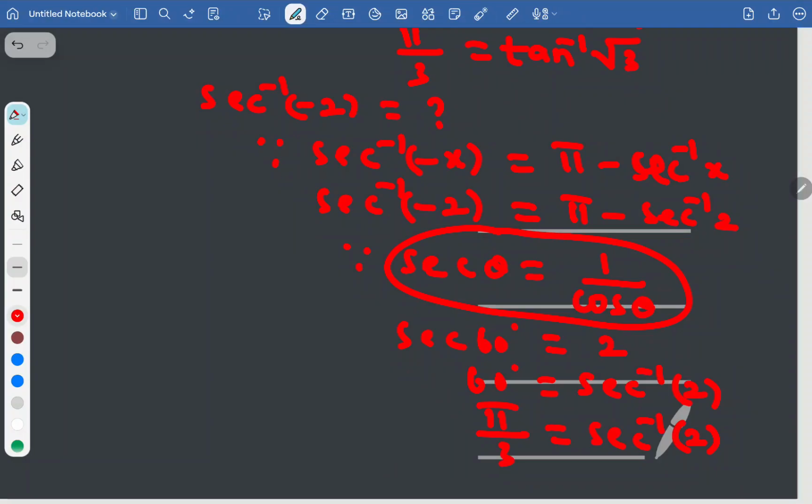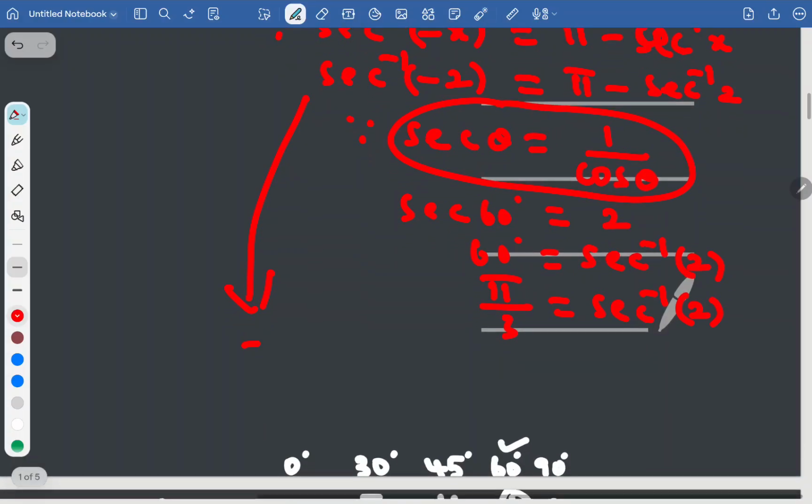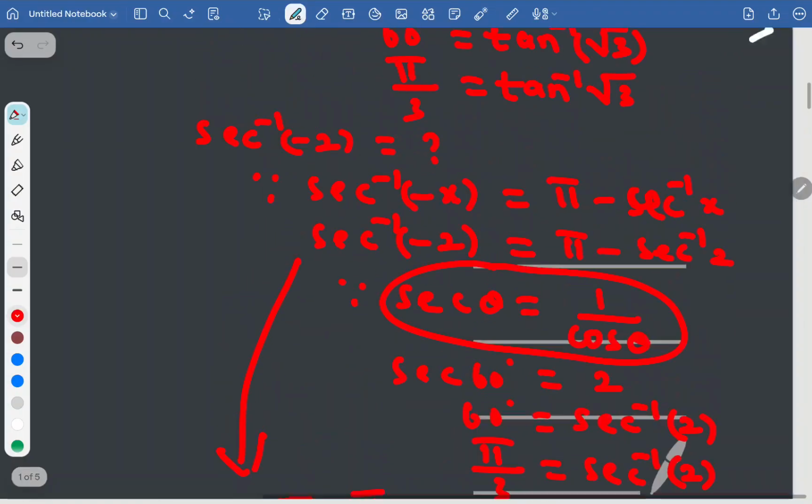Therefore, secant inverse of minus 2 is equivalent to pi minus pi by 3, which is 3 pi minus pi over 3, that is 2 pi by 3.